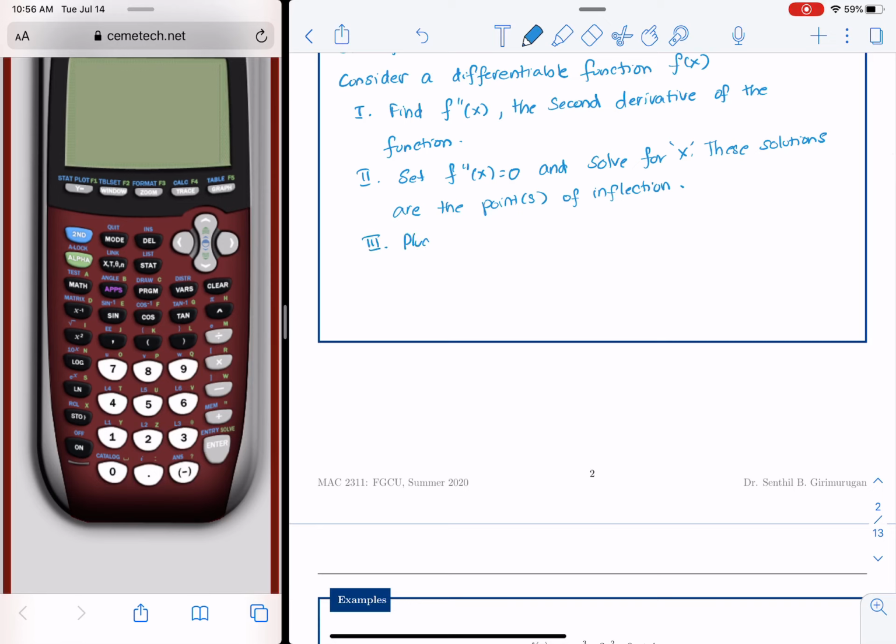Then you plug in test points, which are x values, on either side of the points of inflection.